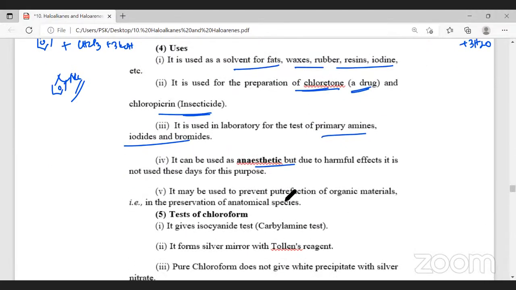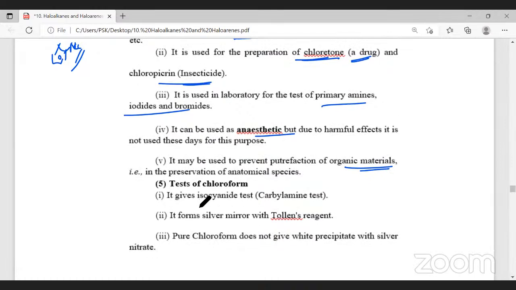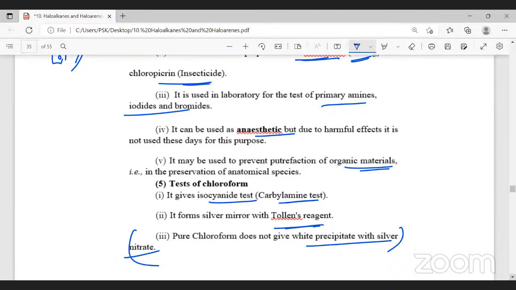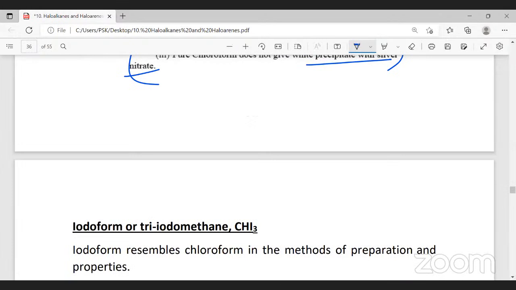It may be used to prevent putrefaction of organic materials, that is, preservation of anatomical specimens. Test for chloroform: it gives the isocyanide test, carbylamine test. It forms a silver mirror with Tollens' reagent. Pure chloroform does not give a white precipitate with silver nitrate.